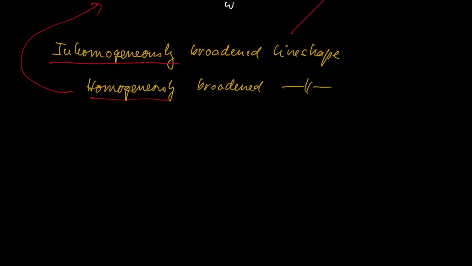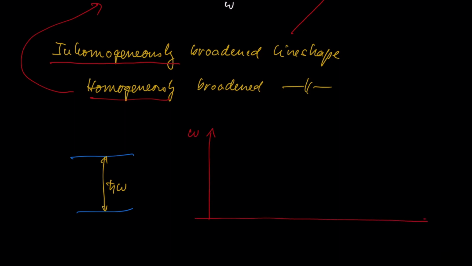Let's assume that we have a molecule with a given transition frequency omega, and now let's plot the transition frequency over time. In our case, I think it won't matter what type we mean. Let's assume that at time 0 it has this value, and this is the expected average.